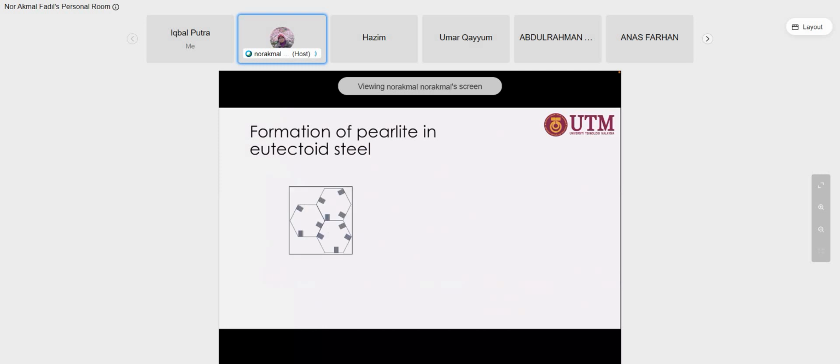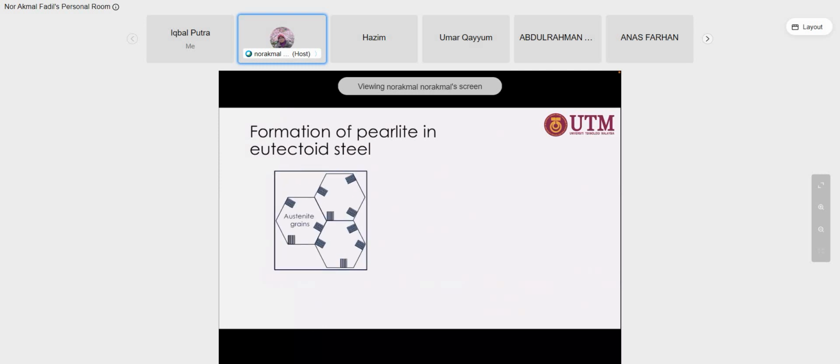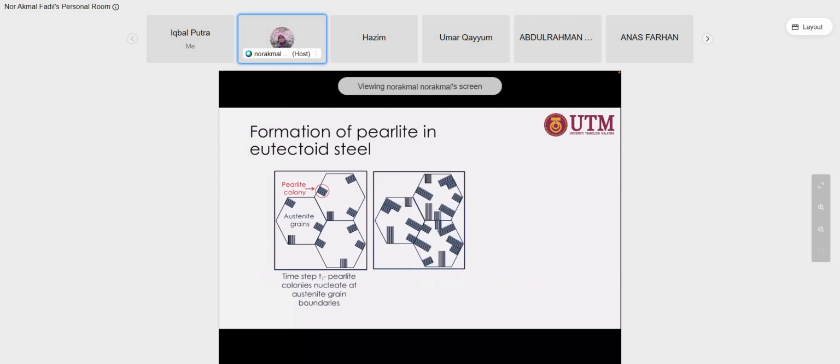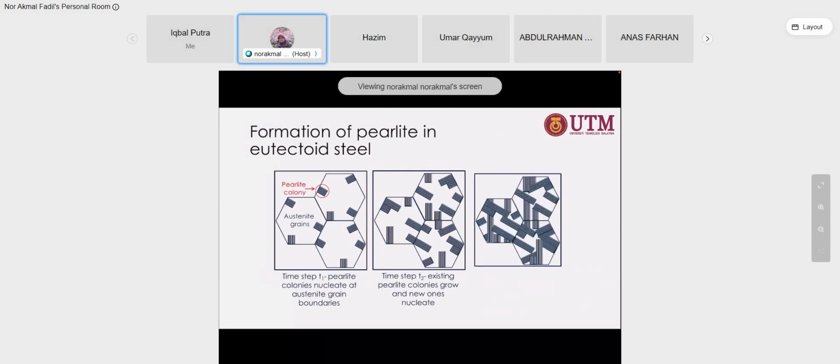All right. So inside the austenite, the pearlite colony is formed, and then it grows. This is normal behavior of diffusion, or solidification, or any phase transformation. In this case, the change from austenite into pearlite happens in the solid state.